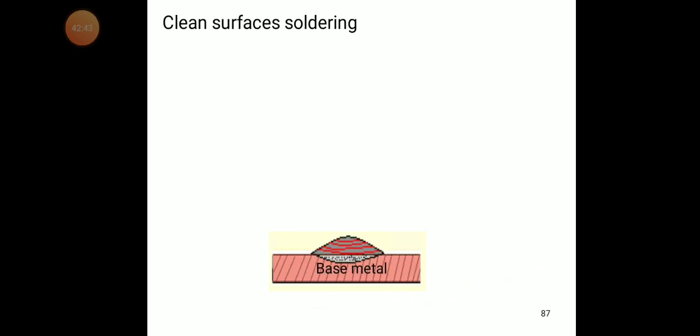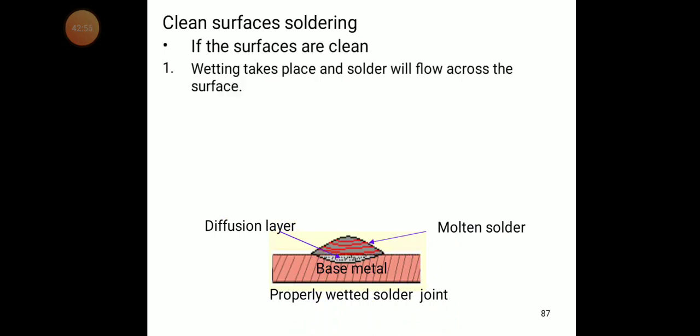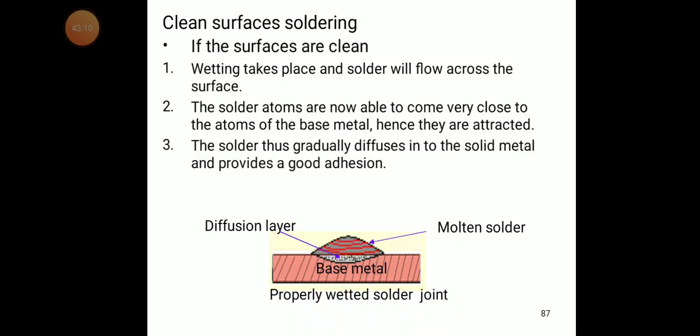Cleaning the surface for soldering, you can see the base material and a properly wetted solder joint. You can see the diffusion layer and molten solder. If the surfaces are clean, wetting takes place and solder will flow across the surface. The solder atoms are now able to come very close to the atoms of the base metal, hence they are attracted.